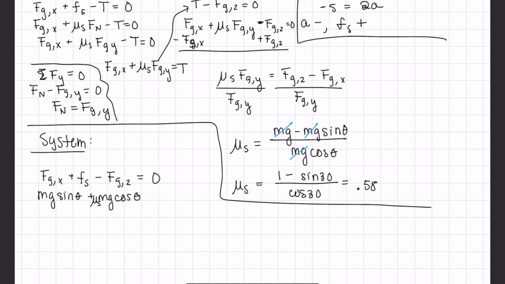Oh, that should have a mu s in front of it. That's what we're solving for. Minus mg equals 0. And if we go ahead and rearrange all this, even at this stage you can see that this equation is the same as this equation if you squint and make it out. So I'm not going to follow through with the math. The math will all be the same, and you should get the same number.